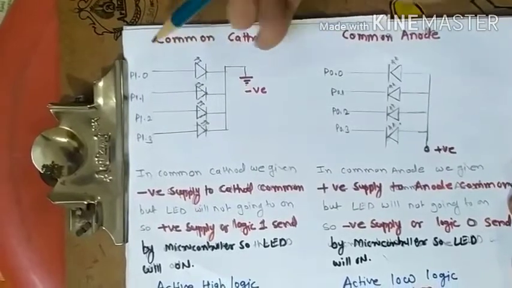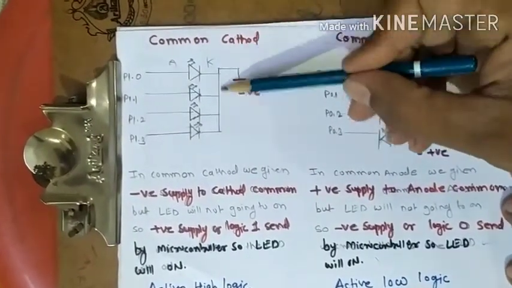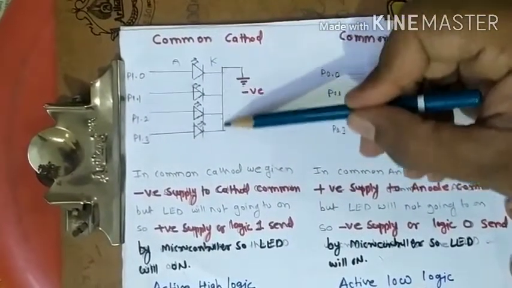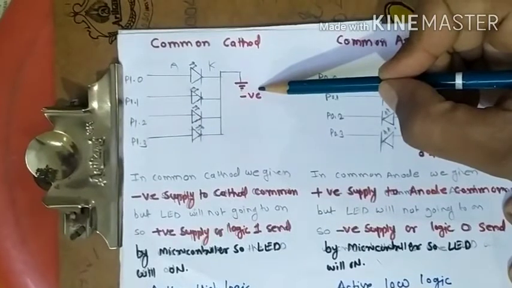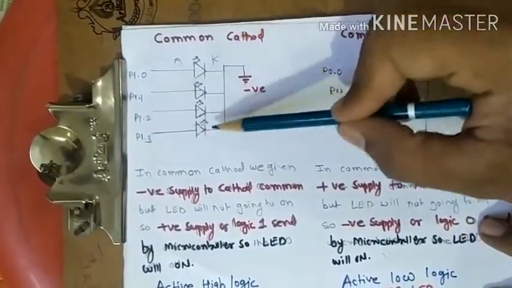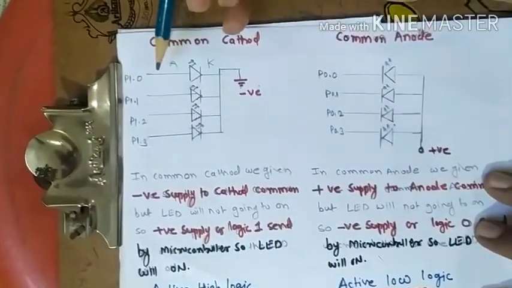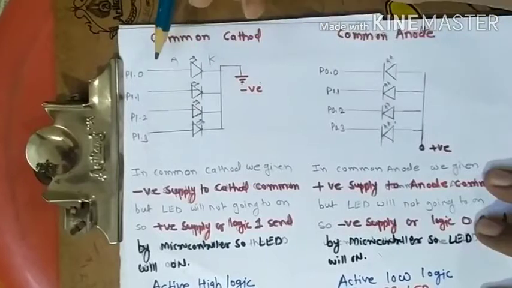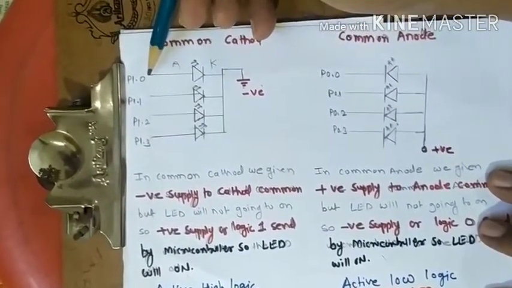This is the anode terminal and this is the cathode terminal. All 4 LEDs' cathodes are shorted and connected to ground, or to negative. By default these diodes are connected with negative voltage, and they are waiting for positive supply. That positive supply coming to the anode is from the microcontroller.